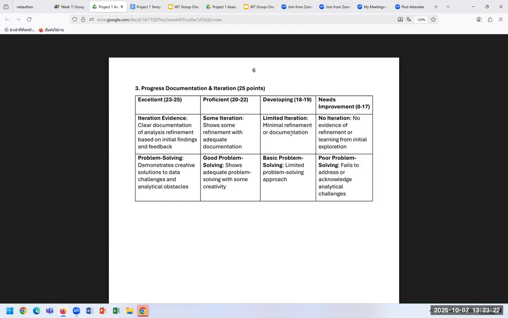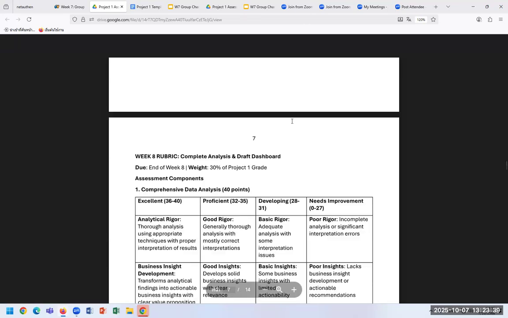So this is what we call documentation. And if you did not find what you want, you change your direction, you change ways, you try more times so that you get what you want. So we call it iteration.